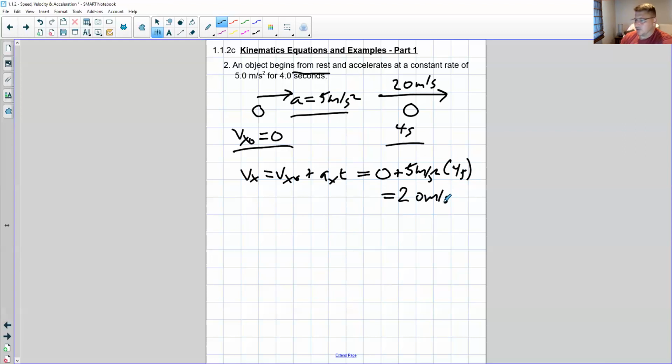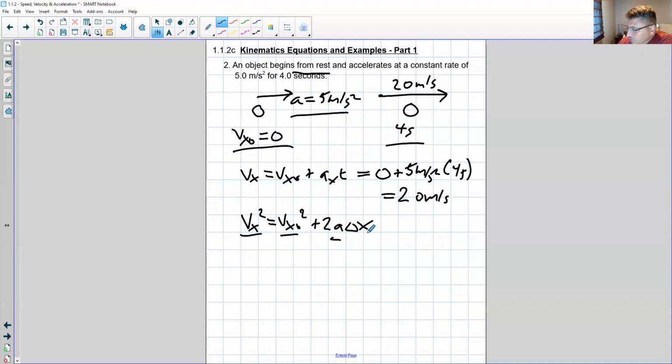Okay, what else could we do? We have our timeless equation, Vx squared equals Vx naught squared plus 2a delta x. At this point, we have the acceleration and we have the two velocities. We could use this to find position.